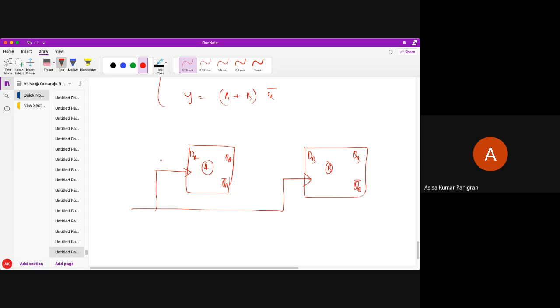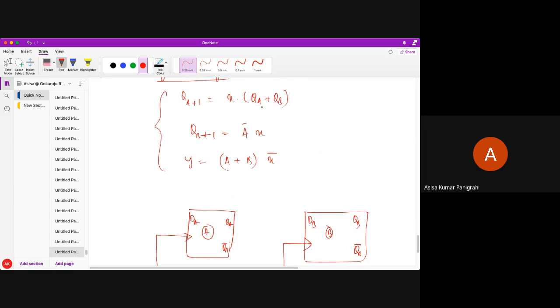DA is nothing else but QA or QB and X. So this is my DA, with QA, QB, X, and QB plus 1 is A bar, which means QA bar, X, and we get DB.